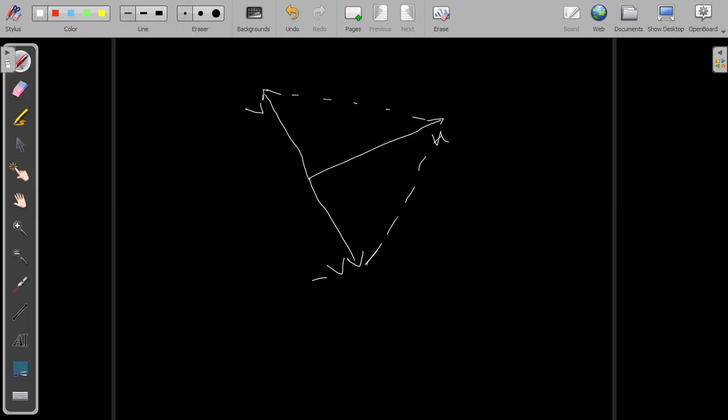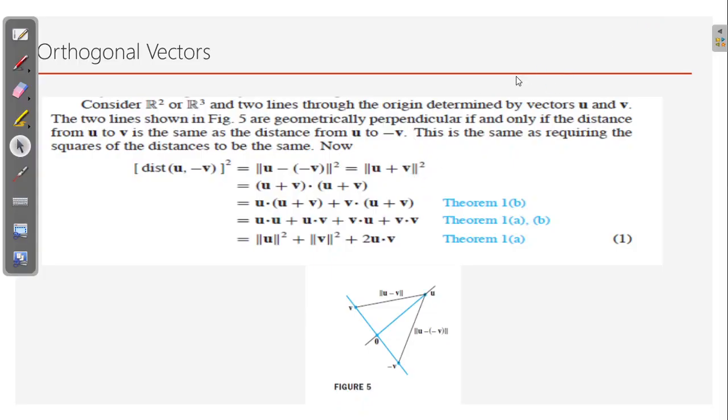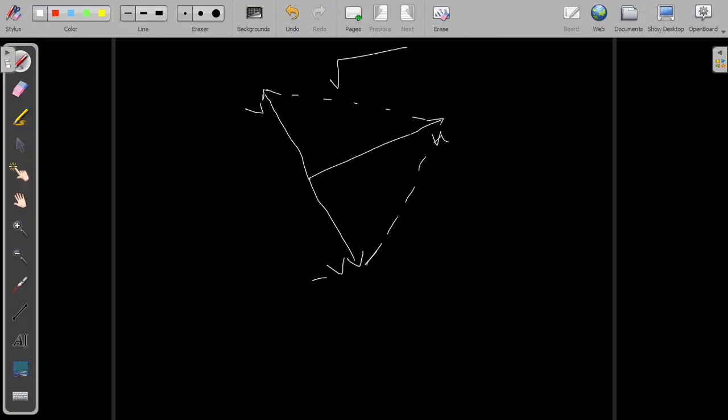This is u minus v, the distance between u and v, that is norm u minus v.